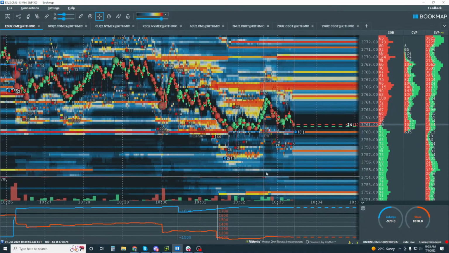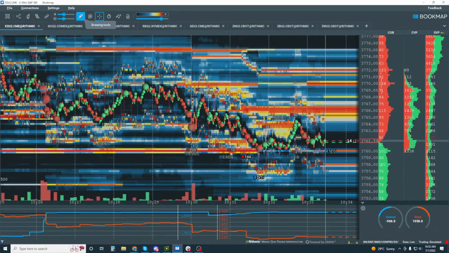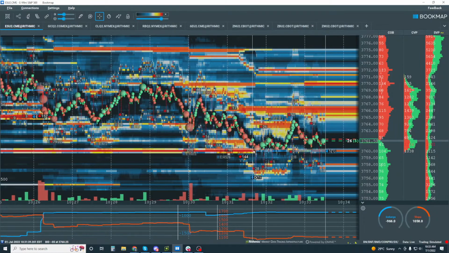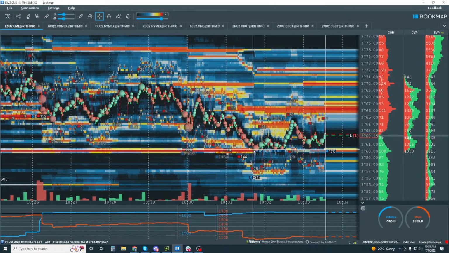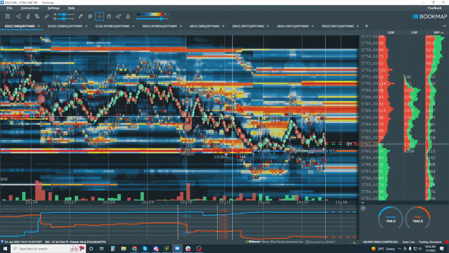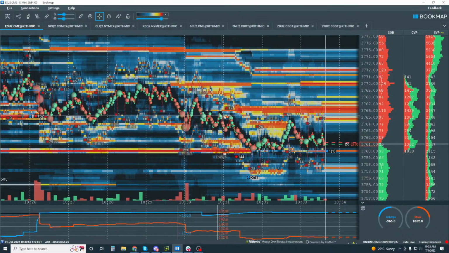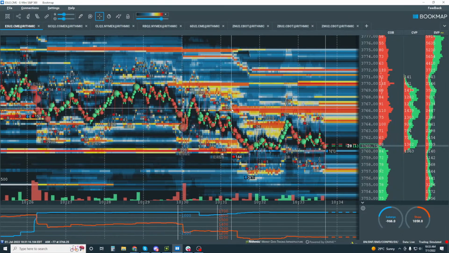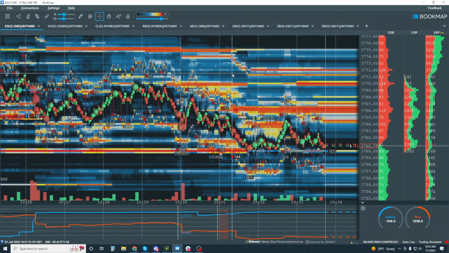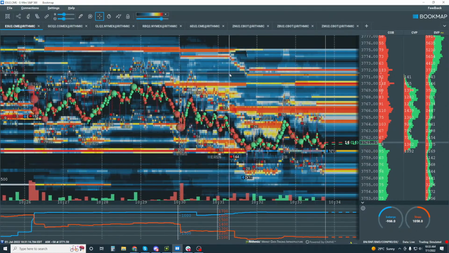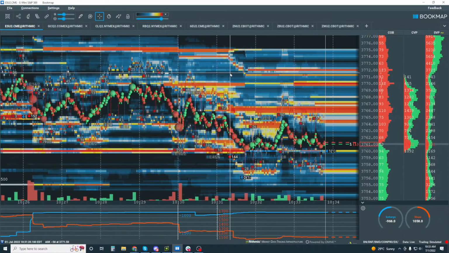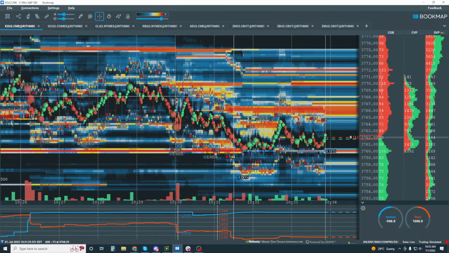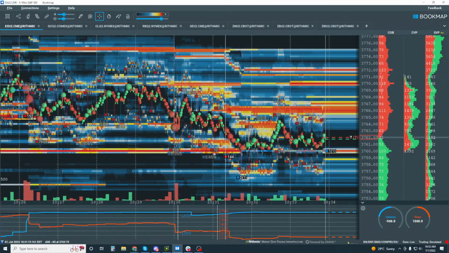Maybe you got in somewhere around in here looking for the break, took your partial profit at 60, and then you're looking for your stop above these swings in here. Somewhere up in here maybe, or depending on your time frame, maybe your stop is even up here, 70, 71. These are all considerations depending on how much money you have, your time frame, and what your risk parameter is, etc.